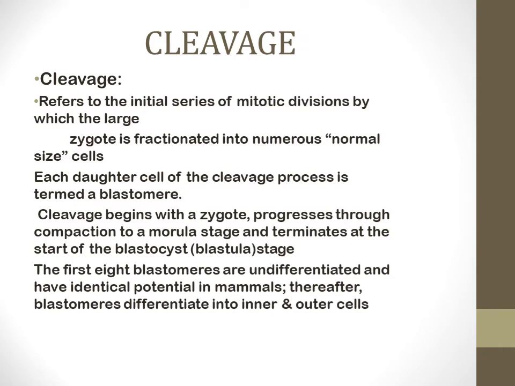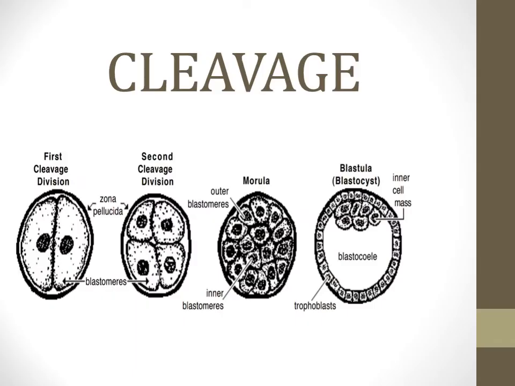The first 8 blastomeres are undifferentiated and have an identical potential in mammals. Thereafter, the blastomeres differentiate into inner and outer cells. This illustration shows how the cleavage division starts.